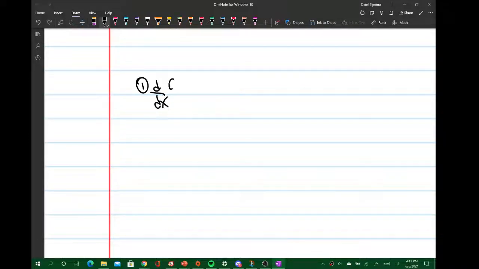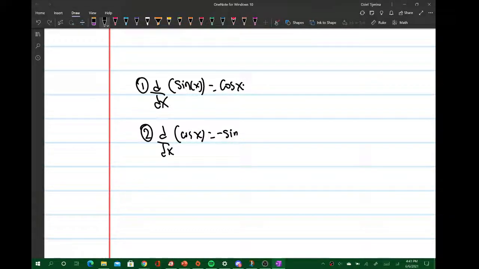One thing you always have to remember is that the derivative of sine of x is equal to cosine of x, and the derivative with respect to x of cosine of x is just negative sine of x. It's the negative one, so they kind of complement each other, but I feel like you can forget this so easily.